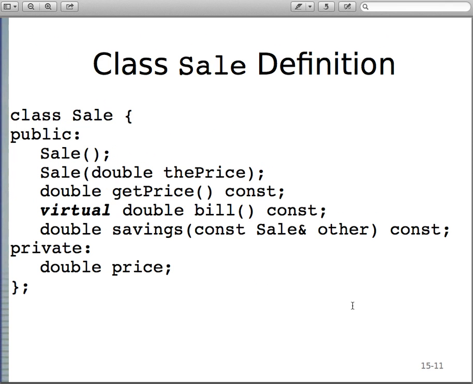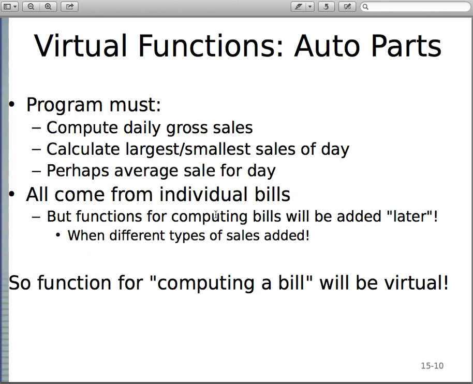Okay, so here's a look at the sale class. Basic class with a public constructor, actually an overloaded public constructor with a price, a getter method for a double data member, we can guess, and sure enough here it is. And then a virtual bill function. So remember, I'm just going to go back one slide.